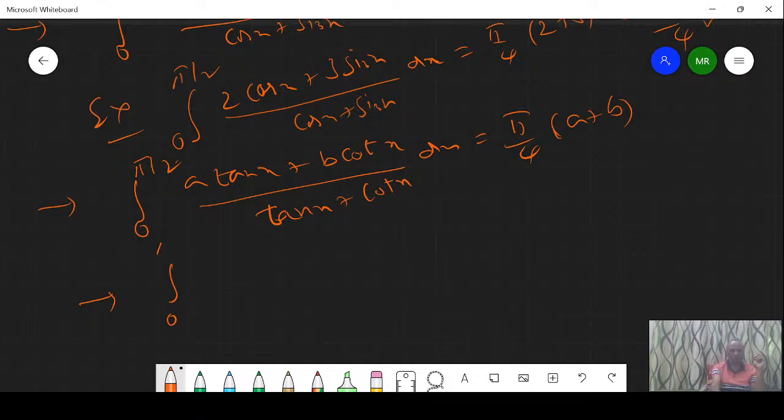Similarly, I can also write the integral from 0 to pi by 2 for the combination of secant and cosecant: a secant x plus b cosecant x by secant x plus cosecant x.